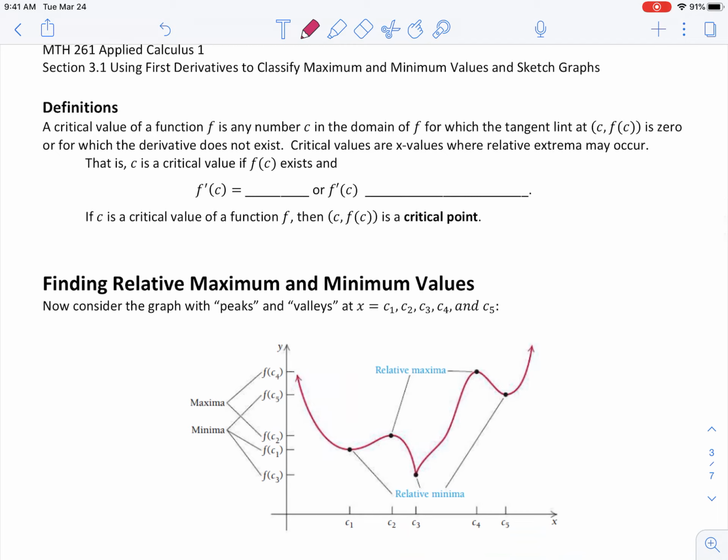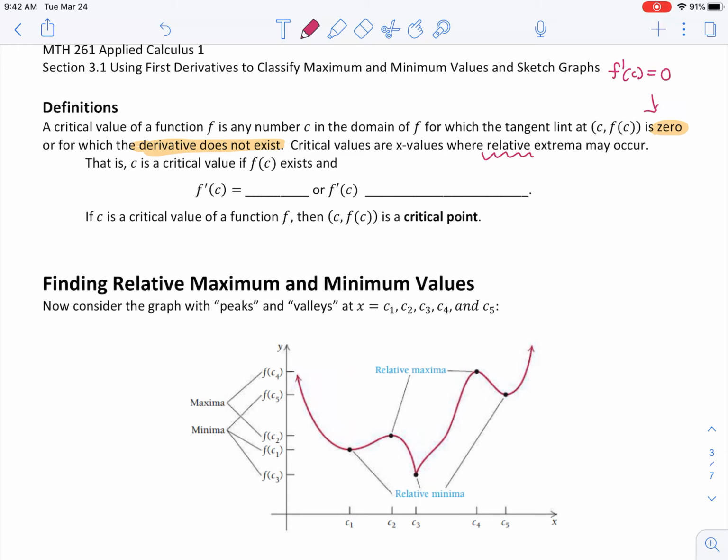The definition of a critical value is any number C in the domain of f for which the tangent line at C is horizontal, that is, f prime of C is 0. So here's the first one where the derivative is 0, or where the derivative does not exist. Well, we should read the second part.